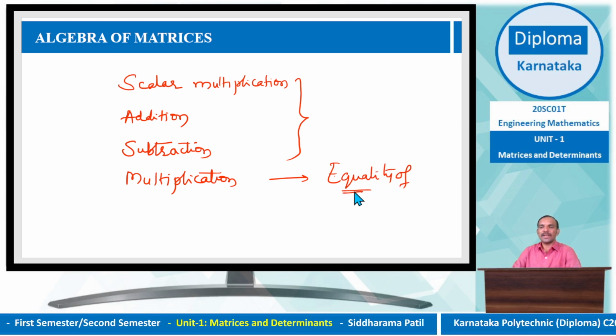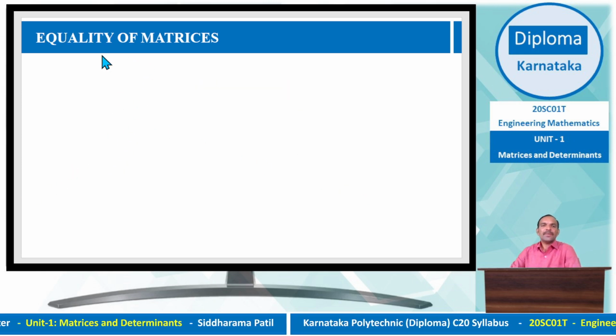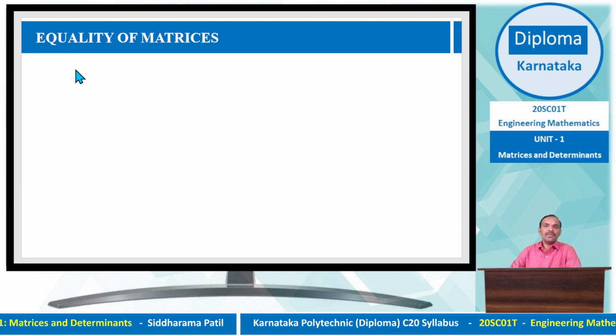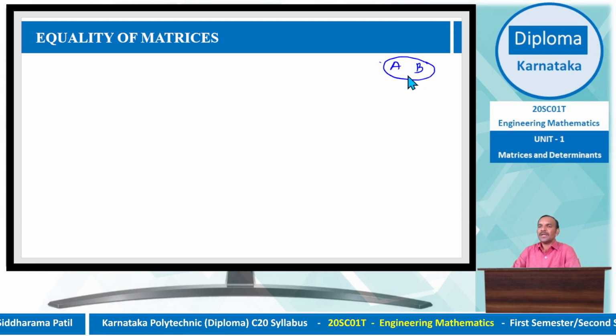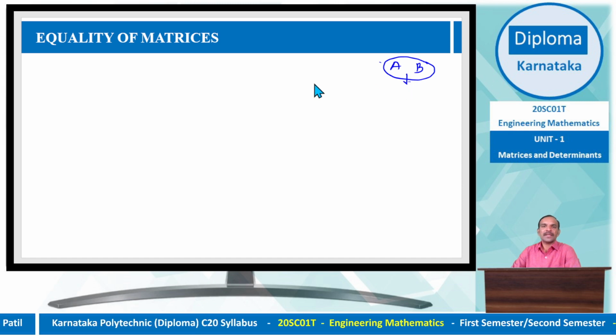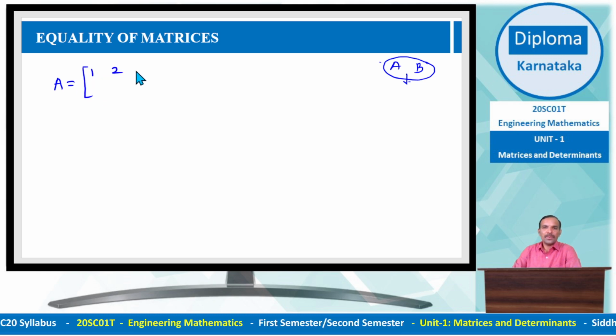First we are going to understand the meaning of equality of matrices, then we go for scalar multiplication. If 2 matrices A and B are given, you have to decide whether the matrices are equal or not. That is called equality of matrices. Consider matrix A: 1, 2, 3, 7, 8, 9.